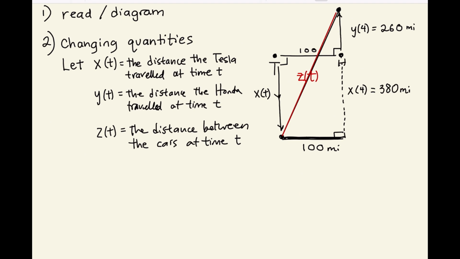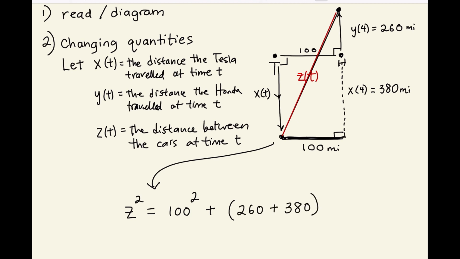So that gives me 640. So now we actually have enough to use the Pythagorean theorem, because we know that the hypotenuse squared is equal to the length of this side squared plus the length of this side squared. So let's just write that out. So we know that z squared is equal to 100 squared plus (260 plus 380) squared.